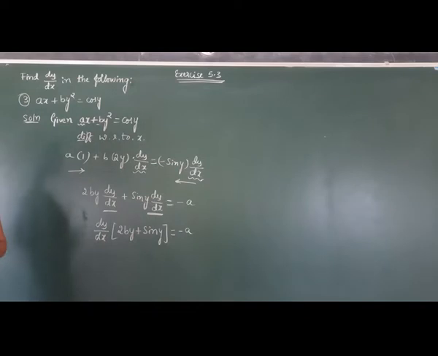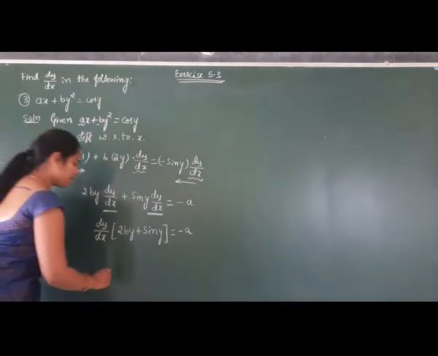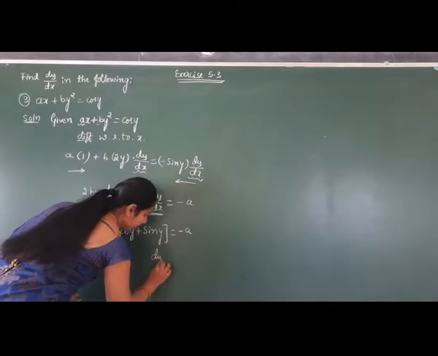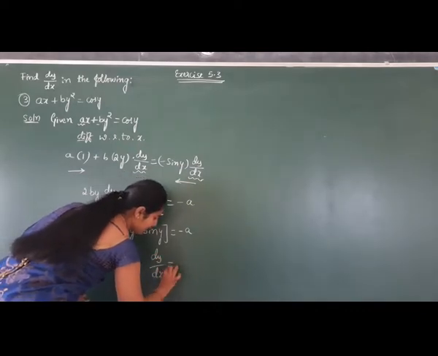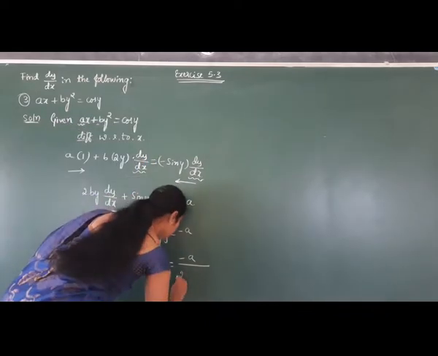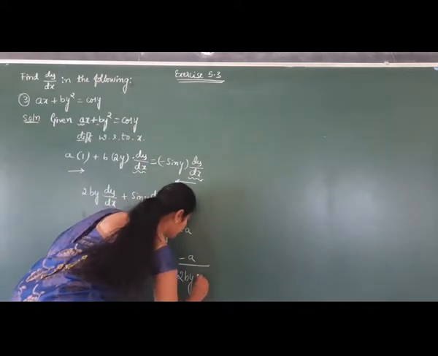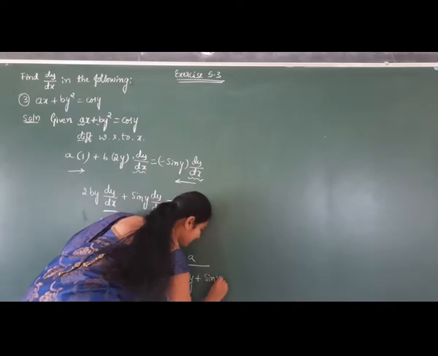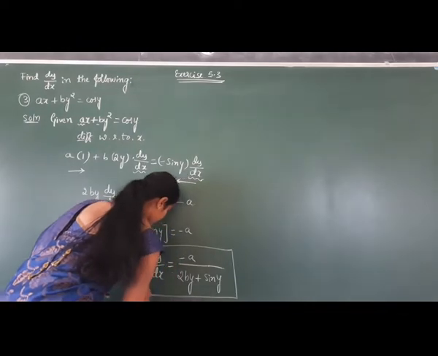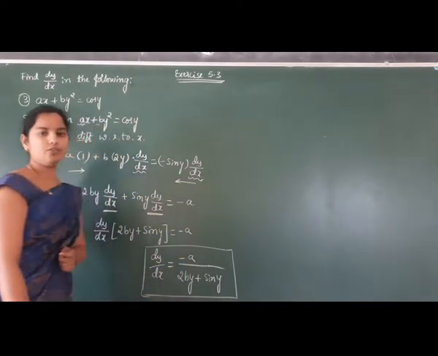So this implies dy by dx is equal to minus a divided by (2by plus sin y), which is the derivative of y with respect to x.